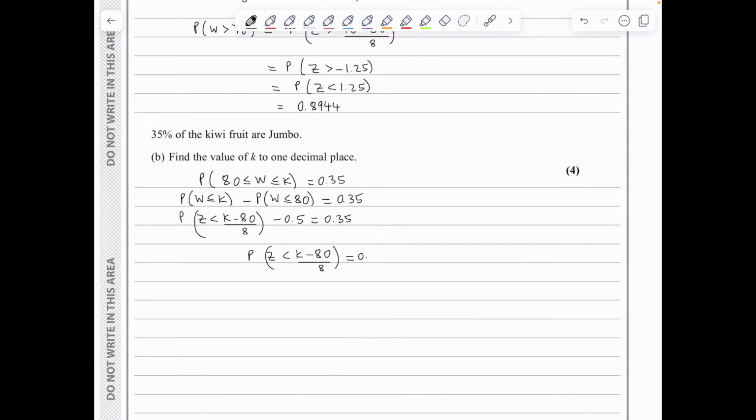Well, I will write this as the probability of Z being greater than K minus 80 over 8 being equal to 0.15, so I can use the small table of probabilities on the normal distribution to determine the corresponding Z value.